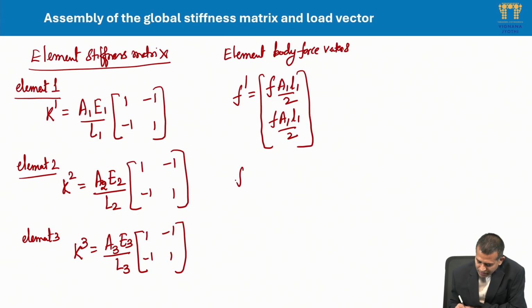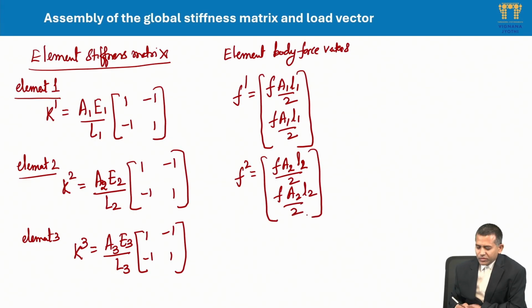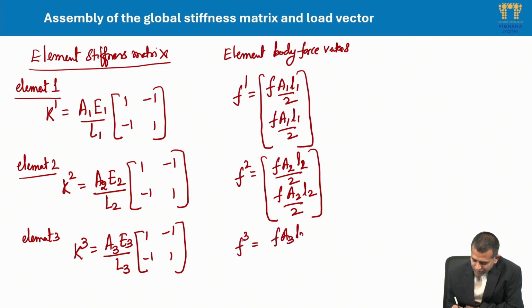Right. Similarly for the second, F into A2 L2 by 2, and F into A2 L2 by 2. And for F3, again F into A3 L3 by 2 and F into A3 L3 by 2.